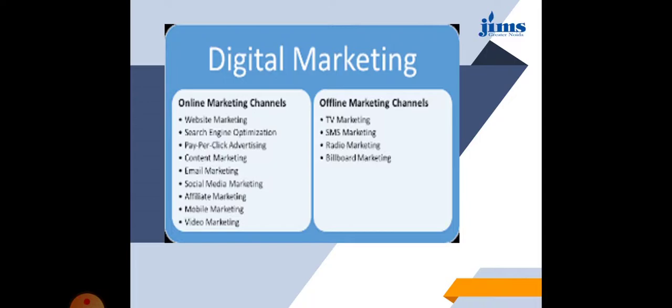So these are some of the online marketing channels through which digital marketing can be done. Whereas offline marketing channels include TV marketing, that is, ads can be given on TV, sent through SMS, through radio, and by displaying the information or ads on billboards, right?